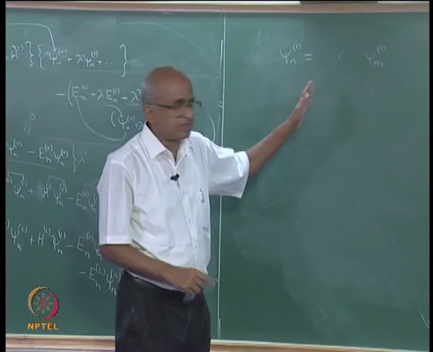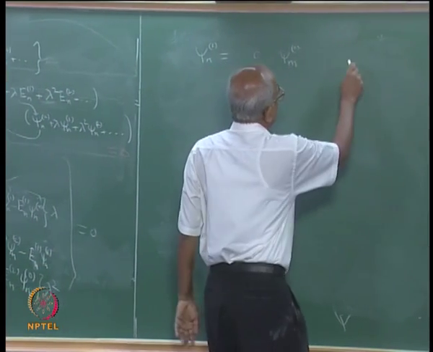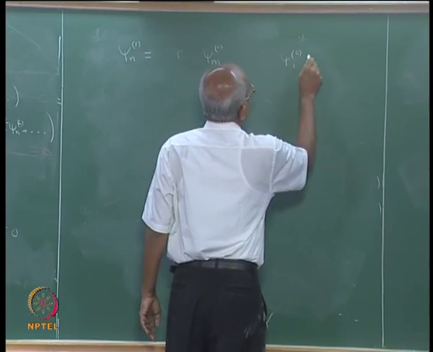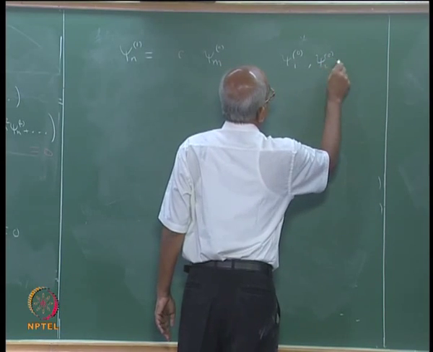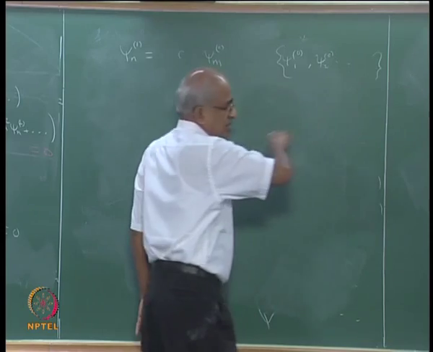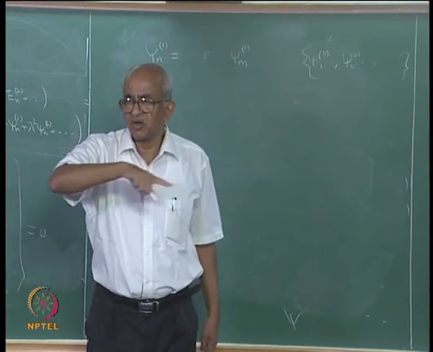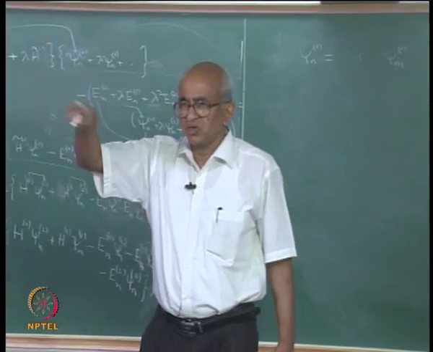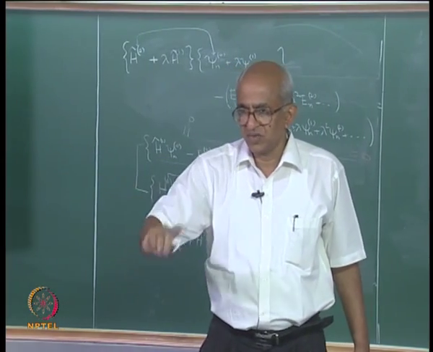This is my complete set, I have psi 10, psi 20, etc. These functions are normalized, each one of them is normalized and each one is orthogonal to all the remaining.